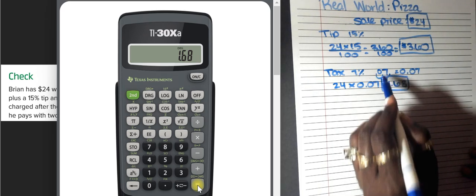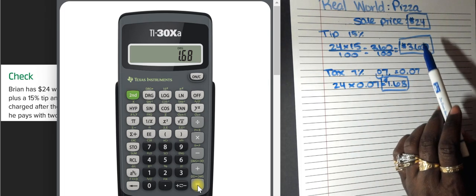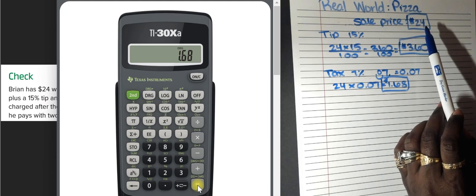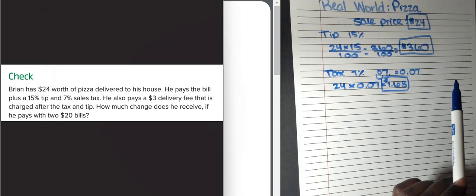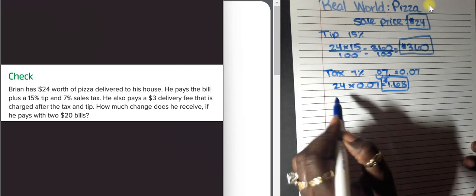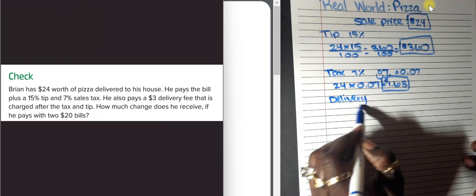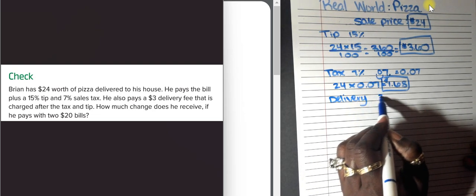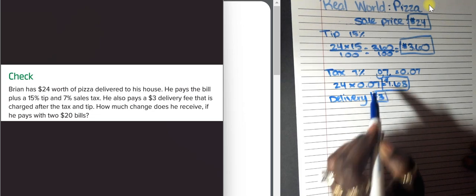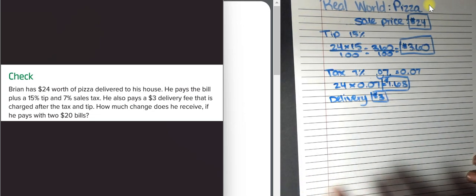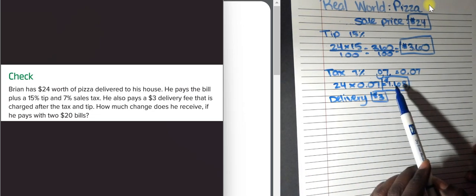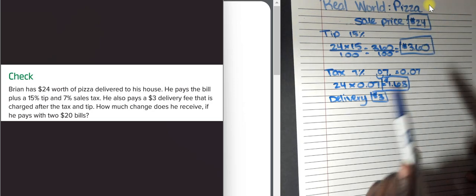We have the tax, we have the tip, we also have the price of the pizza. Is there anything else that we're missing? Oh, we need the delivery fee. So our delivery fee is $3. All right. So now all that we need to do is take all of this information that we figured out and add them all together.